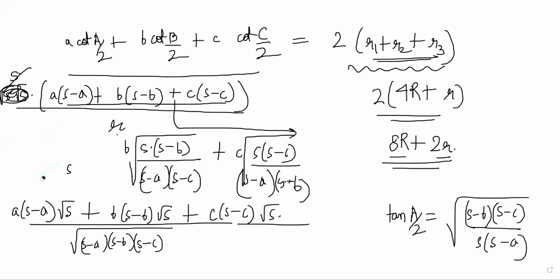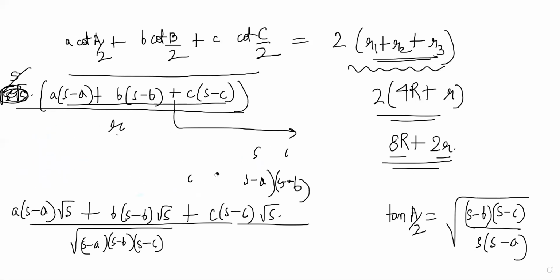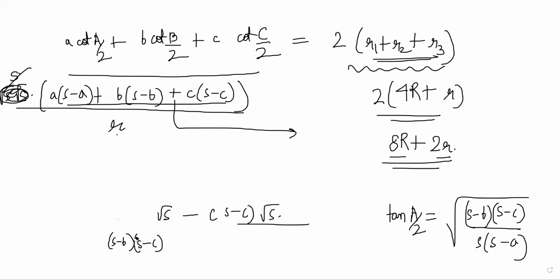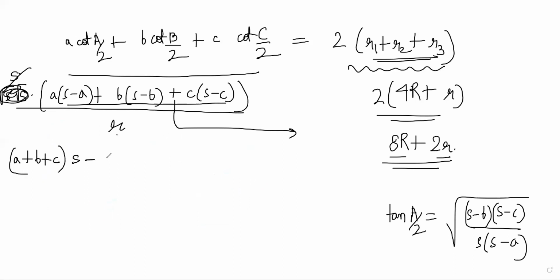Let's see. We have to prove that this thing by r, that is (a plus b plus c) into s minus (a square plus b square plus c square), is equal to 8Rr plus 2r square. This is what we have to prove.